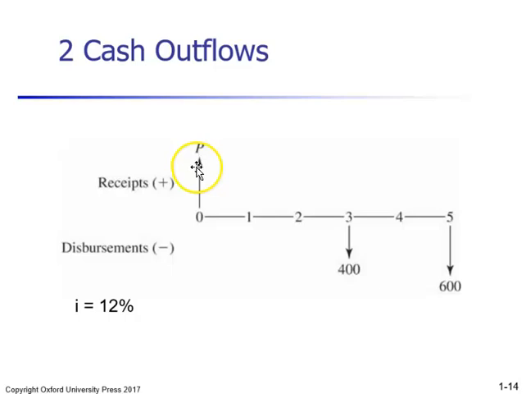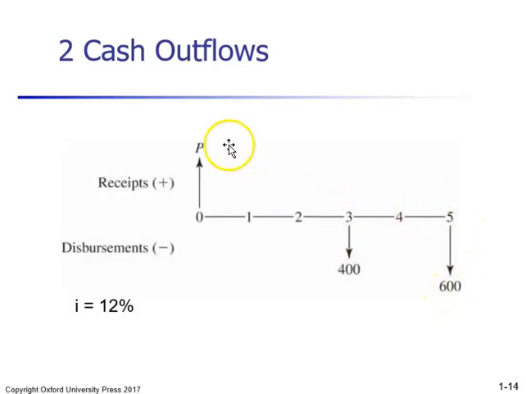And you have 2 disbursements that are negative, downward, at the end of year 3, 400, and at the end of year 5, 600.